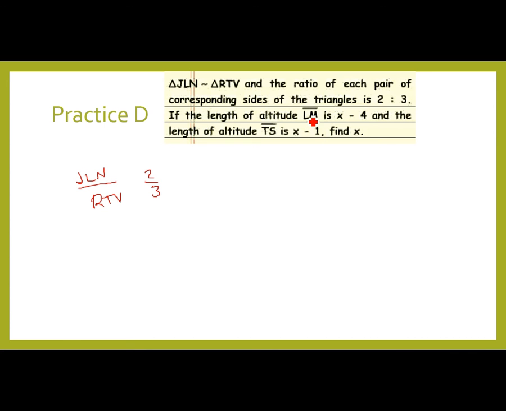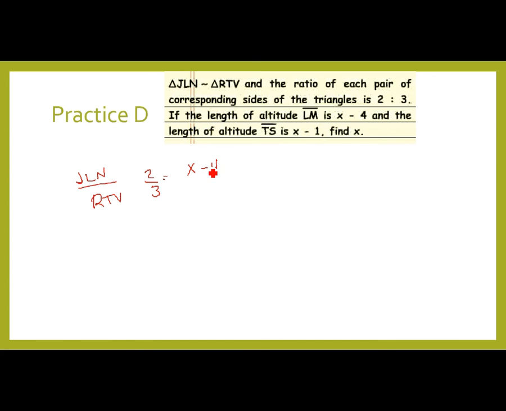The length of the altitude JLM is x minus 4, and the altitude TS is x minus 1. You'll probably remember that we talked in the last lesson about the altitudes also being proportional, just like the sides of the triangle. So we can complete the proportion by having LM.